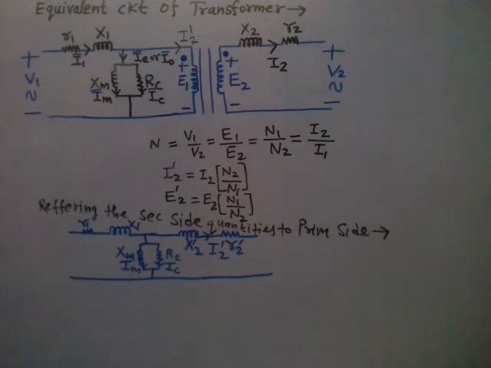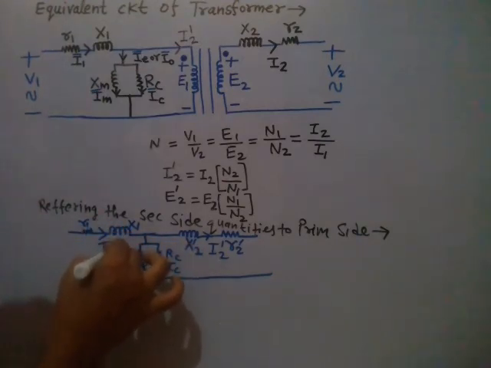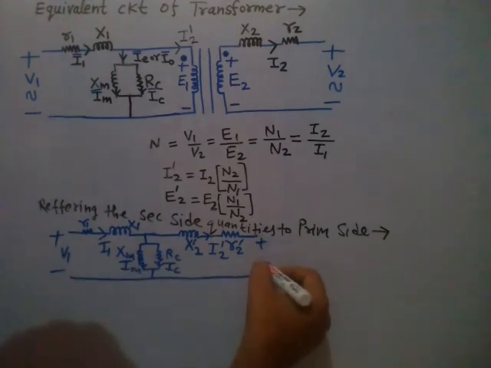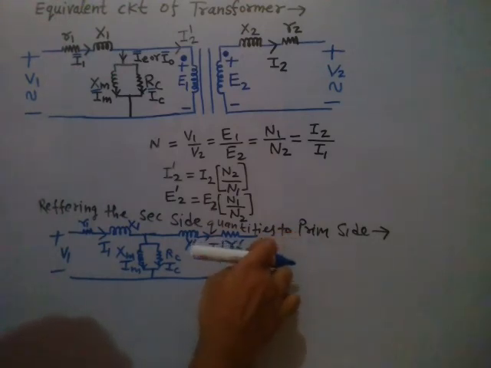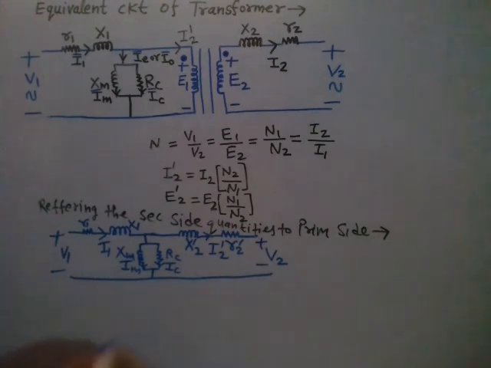So this is the equivalent circuit of the transformer. This is the primary current I1. Here it is supply voltage V1. Here it is load voltage V2. So R2, I2, X2, these are all referred quantities, E2 dash.